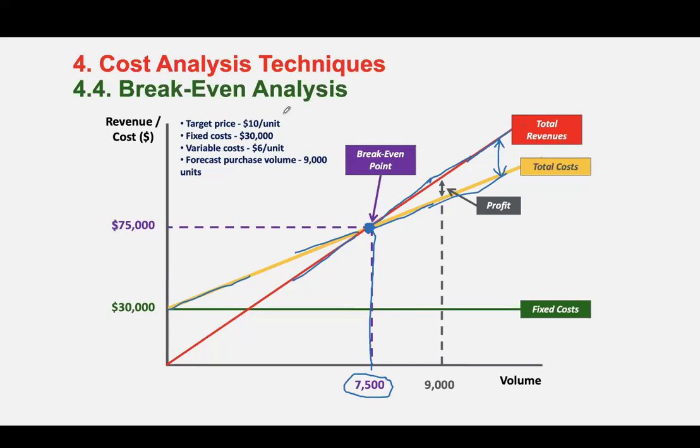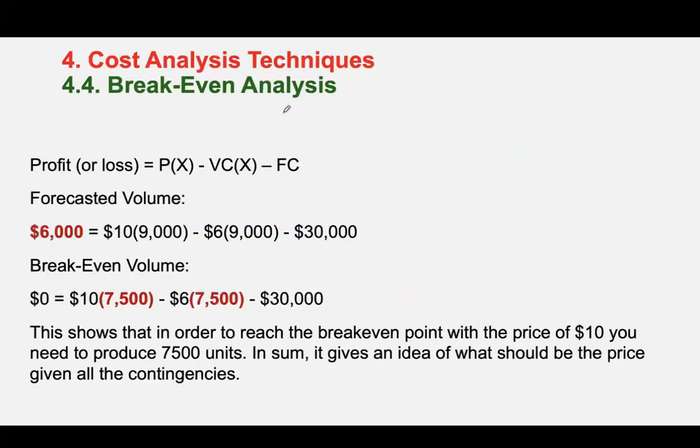If I substitute all these values in this formula, which is obtained by just tweaking the break-even formula, then $10 is the price, demand is 9,000, in other words you're producing 9,000, $6 is the variable cost and 30,000 is the fixed cost, then your profit will be $6,000.